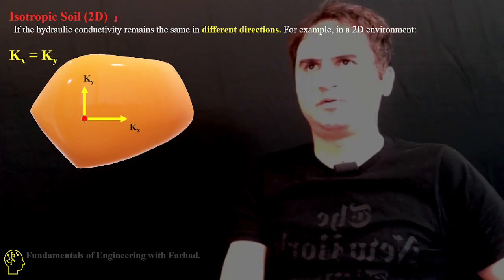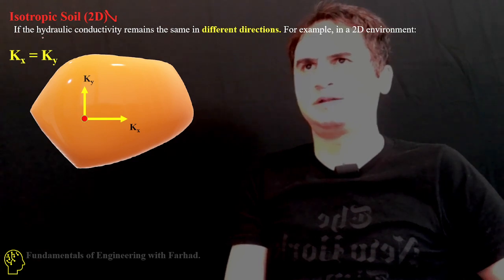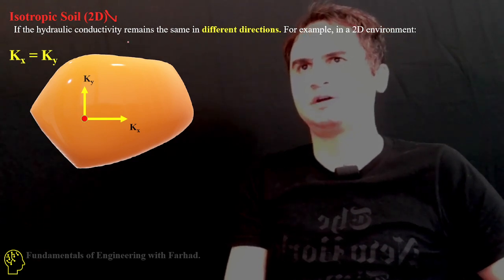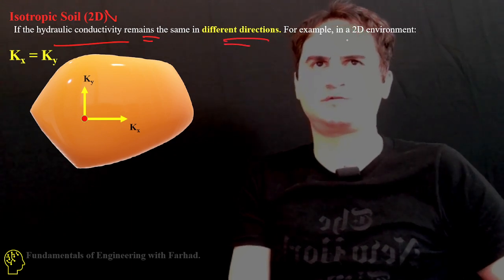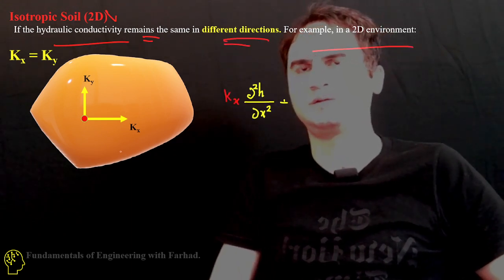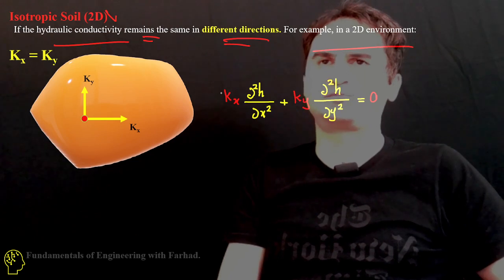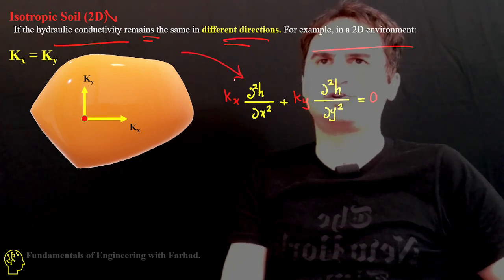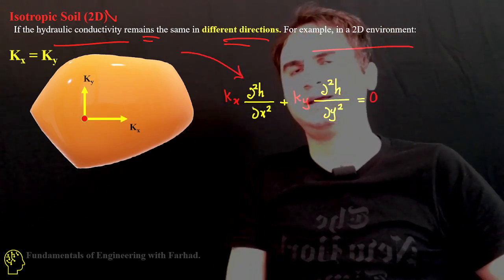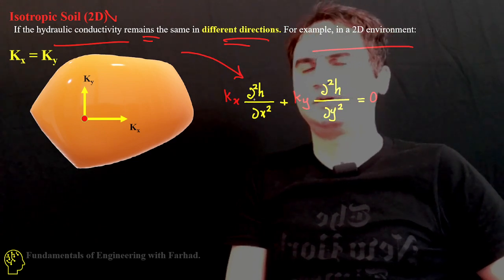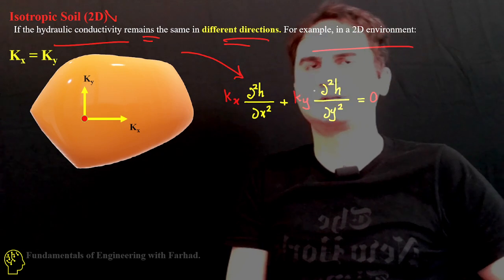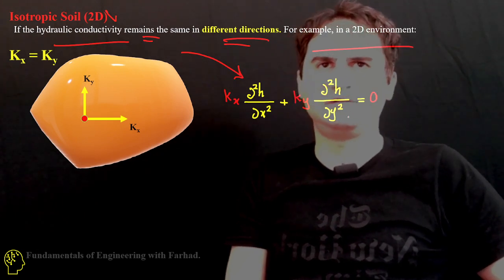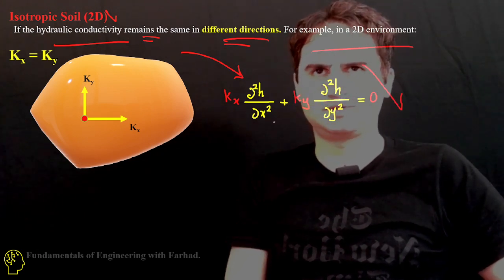So again, for an isotropic soil, if the hydraulic conductivity remains the same in different directions at any arbitrary point, we call that isotropic. If you jot down the seepage equation, Kx times d squared h over dx squared plus Ky times d squared h over dy squared equals 0.